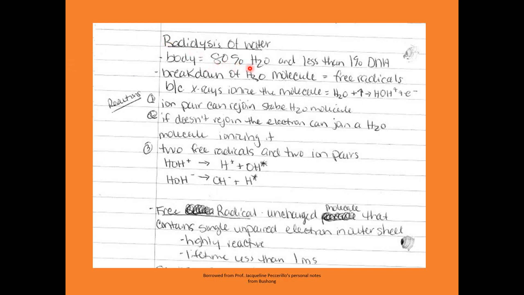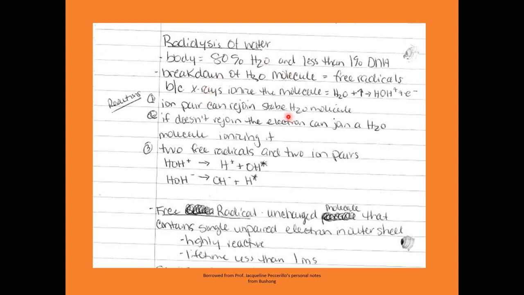But I will read this section real quick. The body is composed of 80% water and less than 1% DNA. The breakdown of a water molecule equals free radicals because the X-rays ionize the molecule. So you're getting irradiated, the cells get hit. Most of our body is water, so it's most likely going to be a water molecule that gets hit. That water molecule now becomes ionized.